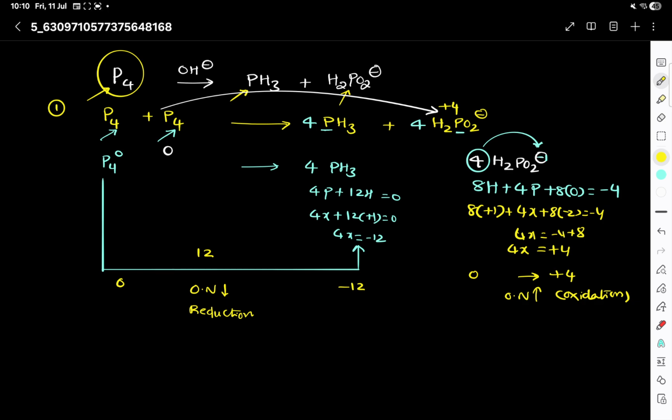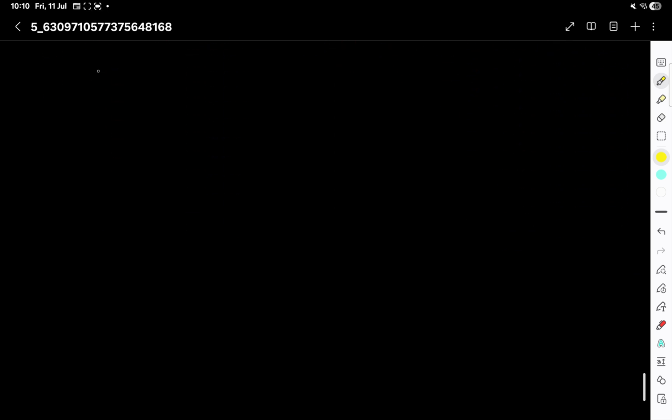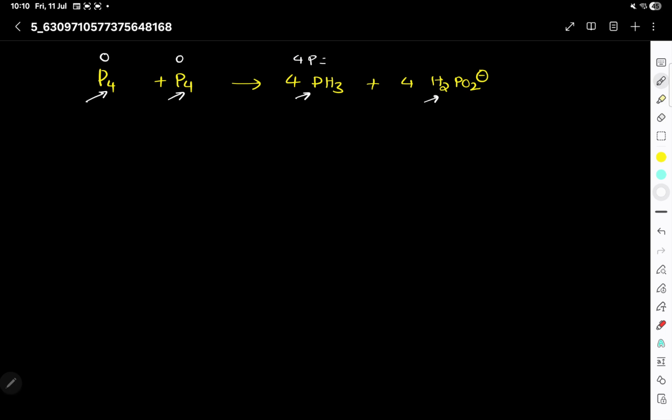Balance atoms other than oxygen and hydrogen. P4 plus P4 gives rise to 4 PH3 plus 4 H2PO2 minus. I have balanced the phosphorus. Now one reactant in the free state is 0; 4 phosphorus have minus 12 oxidation state, and 4 phosphorus have plus 4 oxidation state.